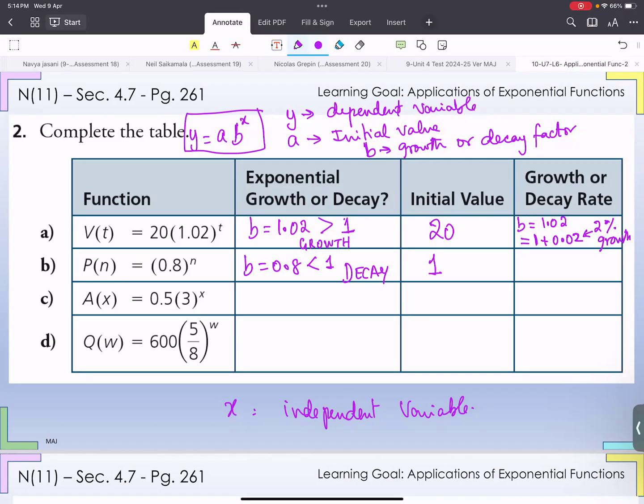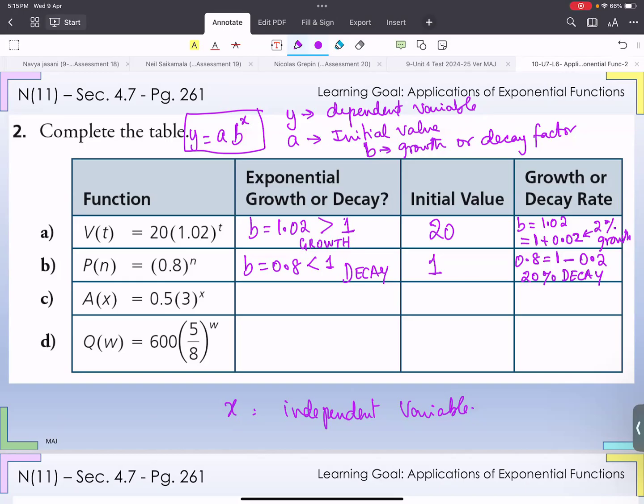Growth or decay rate: 0.8 is 1 minus 0.2, and 0.2 is 20 divided by 100, so that is 20% decay. Okay, so that means it's decreasing by 20% every time. That means every time the independent variable changes, the dependent variable decreases by 20%.